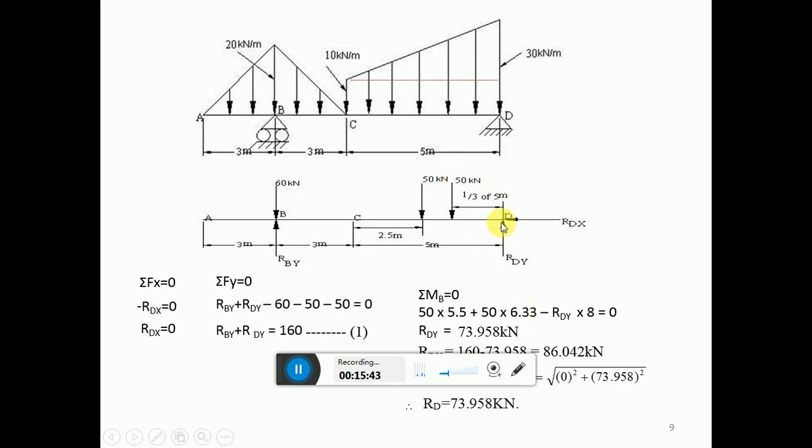Next, R dy at a distance of 8 in the anti-clockwise direction, so it is minus R dy into 8 is equal to 0. Therefore, R dy is equal to, you will get this answer.